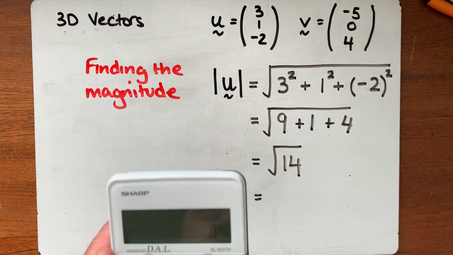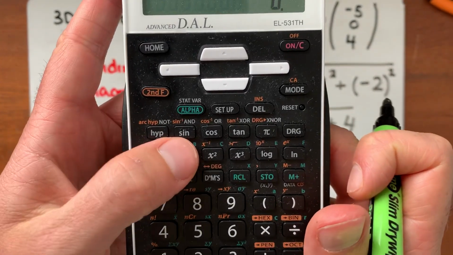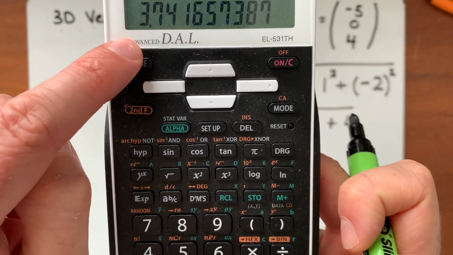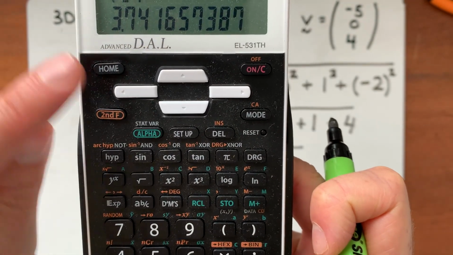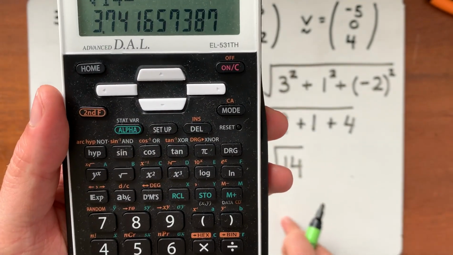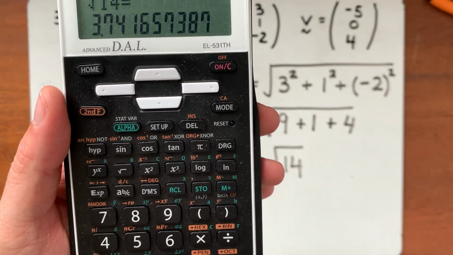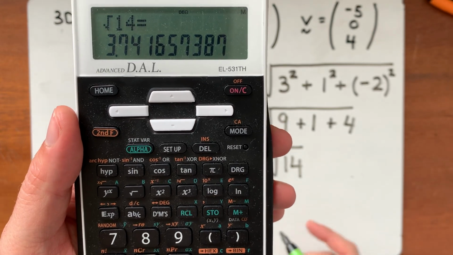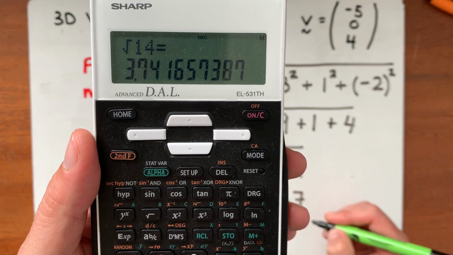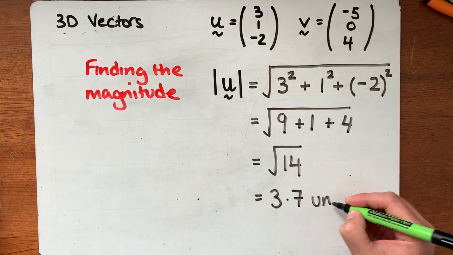So we've got the square root of 14, and that gets me a big, long, irrational number, 3.74165737. I would usually write this down unrounded and then round to 1 decimal place. I'm going to go straight to that just now, and I get an answer of 3.7, and that's units.